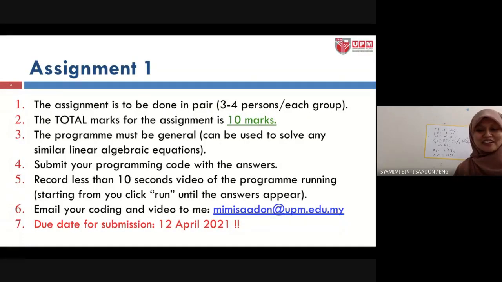You run the simulation, the program, and you record it until the program shows you the answer of X or the solution. I just want to see that. So you submit just the coding and the figures if you want, and a video of around 10 to 20 seconds of your programming running.